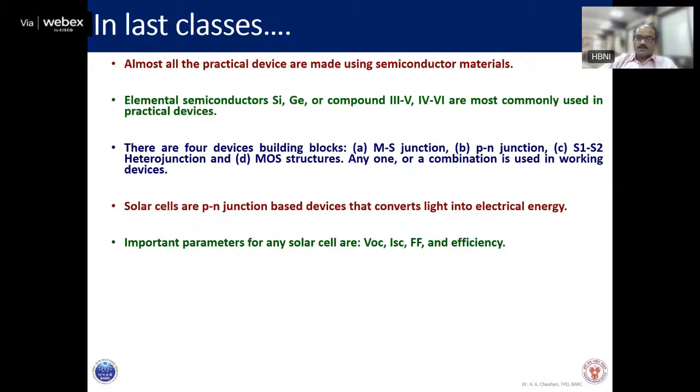Important parameters for any solar cell are open circuit voltage, VOC, short circuit current, ISC, and fill factor. These values derive the efficiency of a solar cell. The efficiency of a solar cell depends on these three parameters.